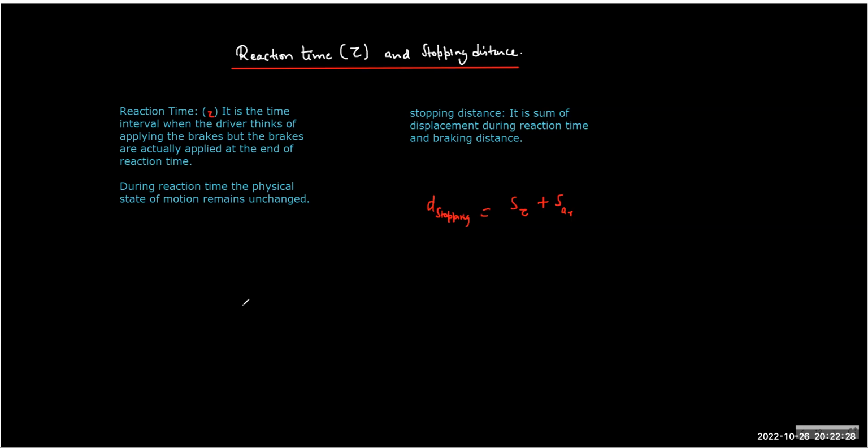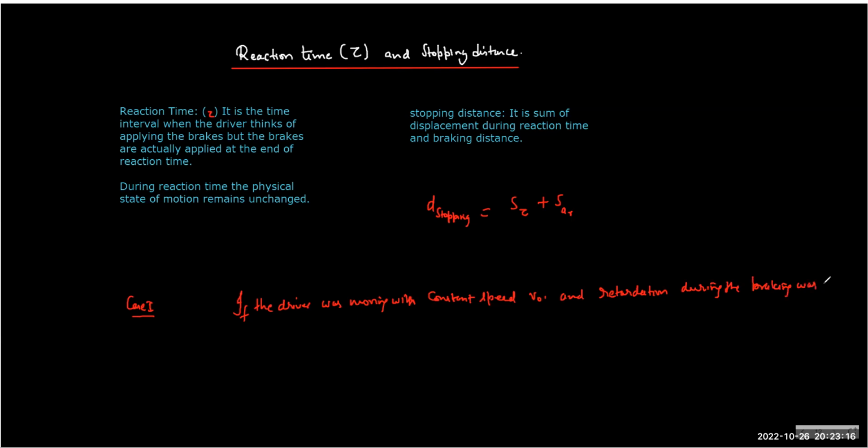Okay, so we take two cases. Case one: if the driver was moving with constant speed, and the retardation during braking is a_R.